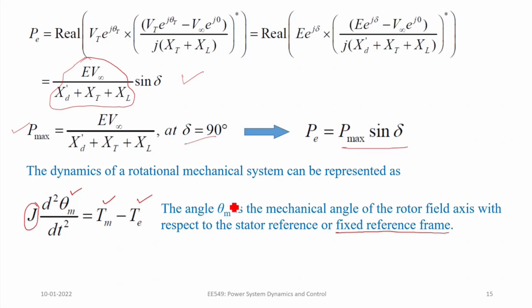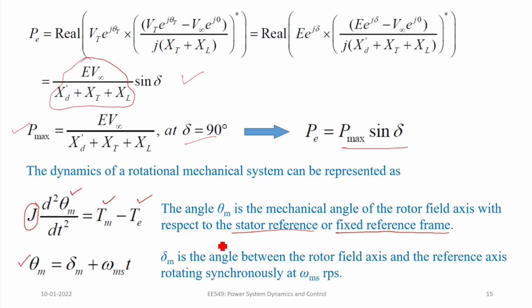And theta m is the mechanical angle it makes with the stator reference magnetic axis, and therefore I can write theta m as delta m plus omega ms t.